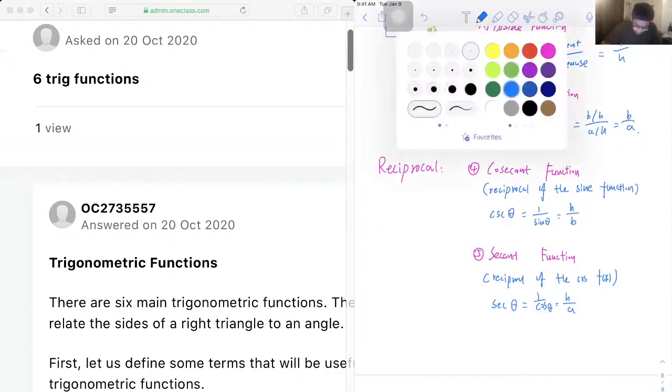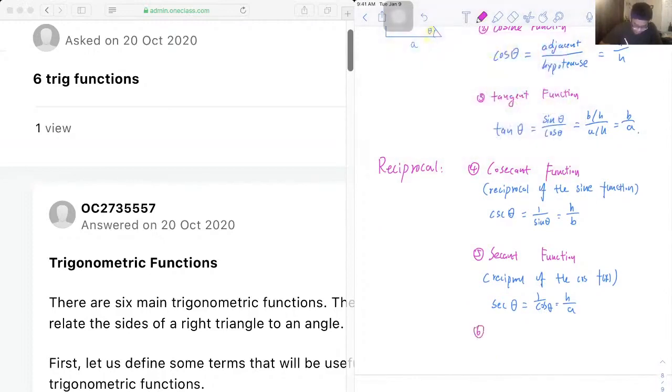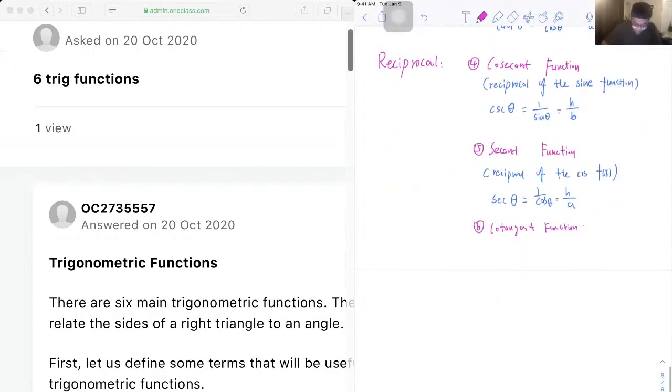Okay, and our last one will be our cotangent function, which is the reciprocal of the tangent function.